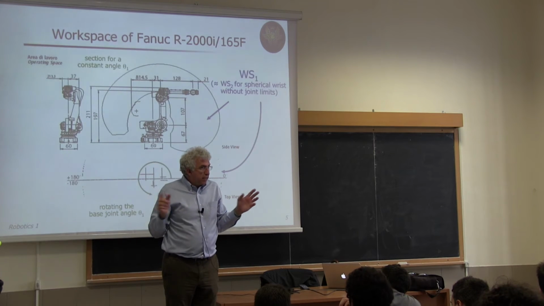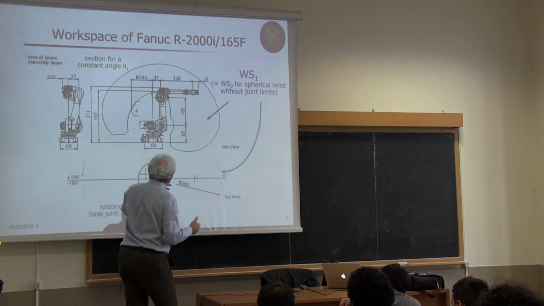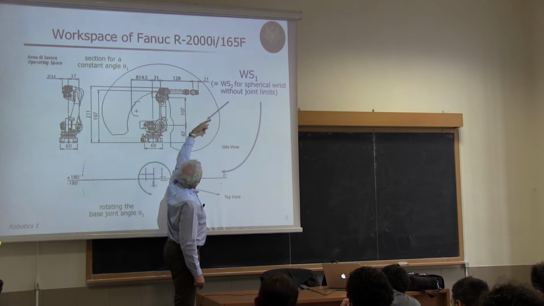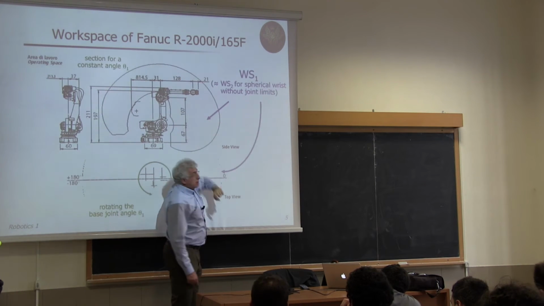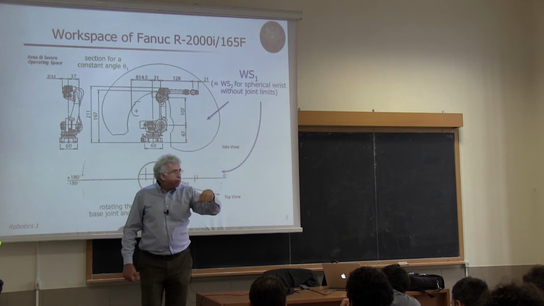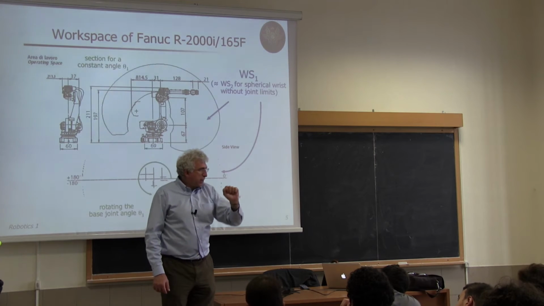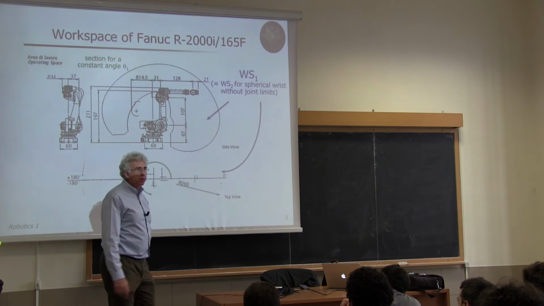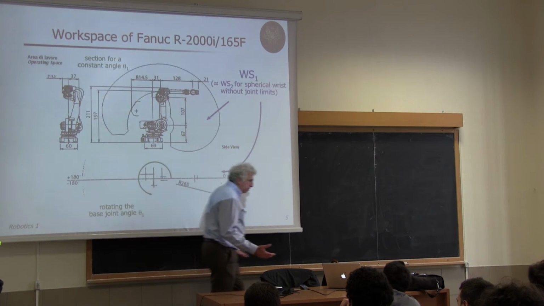But this is not the case, because of these three joints, for instance, I can rotate the last joint 360 degrees. I may also rotate this joint by 360 degrees, but the fifth joint, which is this one, typically has a limit. So I cannot go in any configuration. So this is a typical workspace.